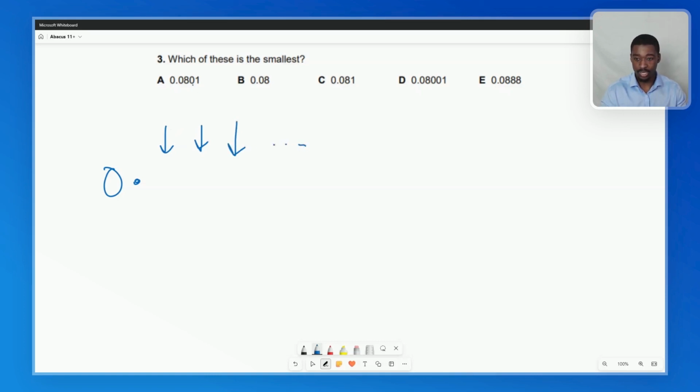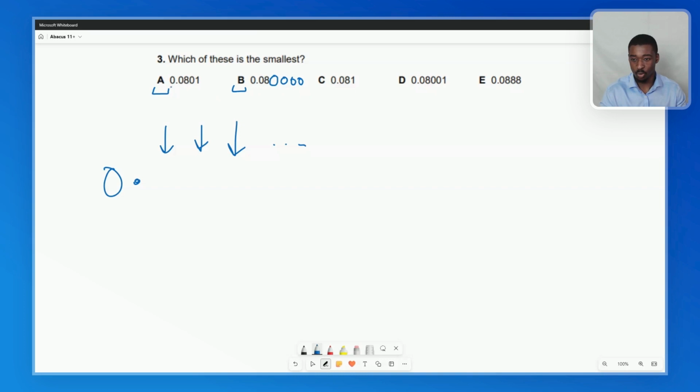So for example, if we take these first two answer choices, 0.0801 and 0.08, which one is smaller? Well, it's going to be B, 0.08, because 0.08 is the same thing as 0.08000 onto infinity.